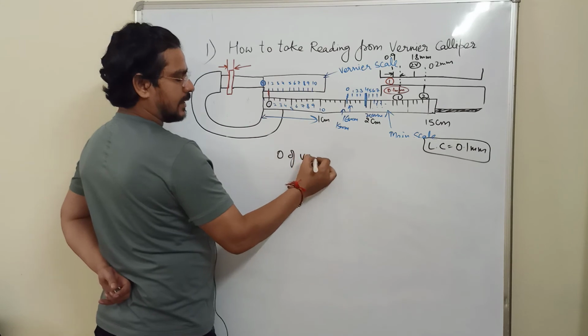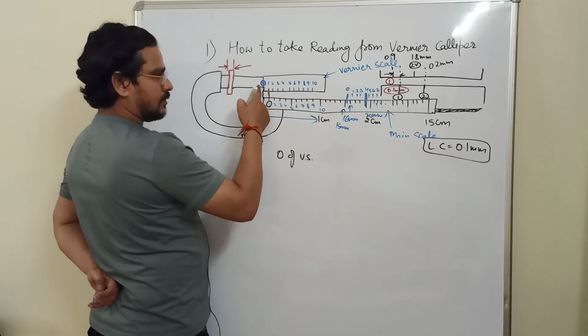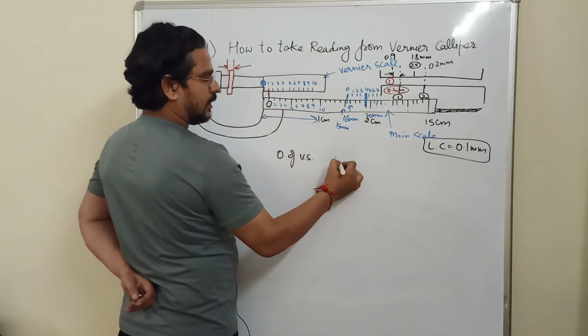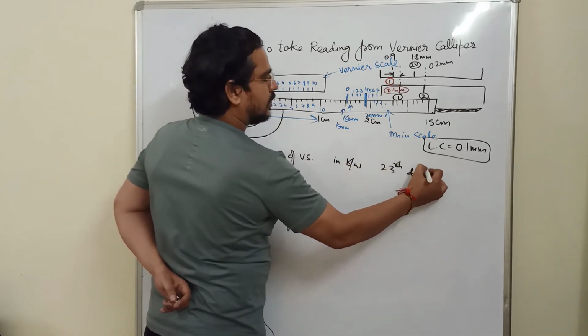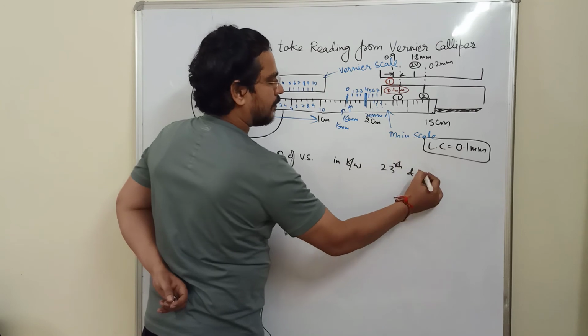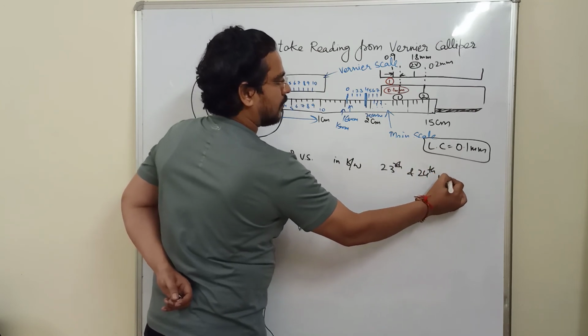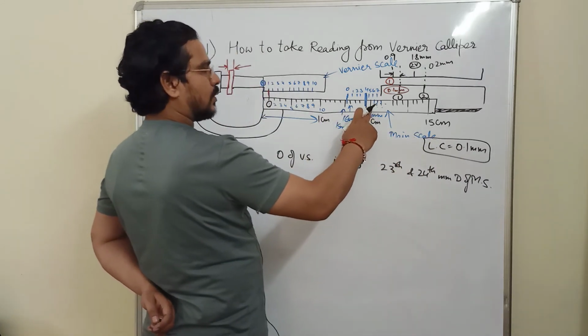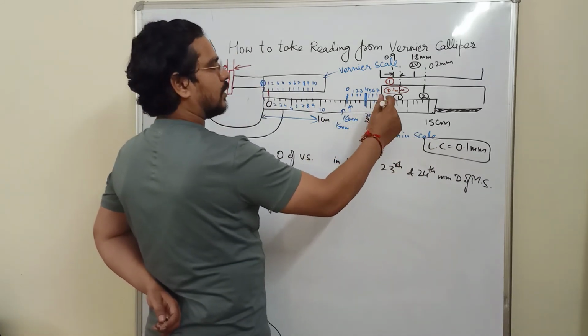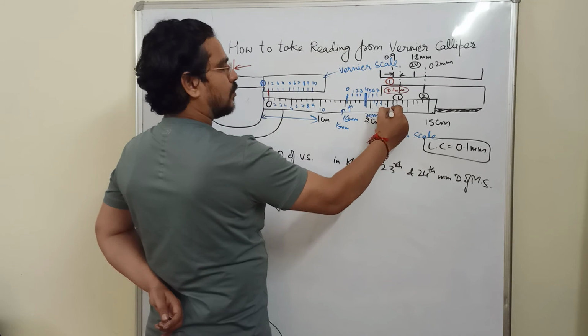So let me tell you that the 0 of your vernier scale is lying in between the 23rd and 24th mm division of main scale, which means if this is 20 mm, 21, 22, 23, 24, your zero is lying between 23 mm and 24 mm.